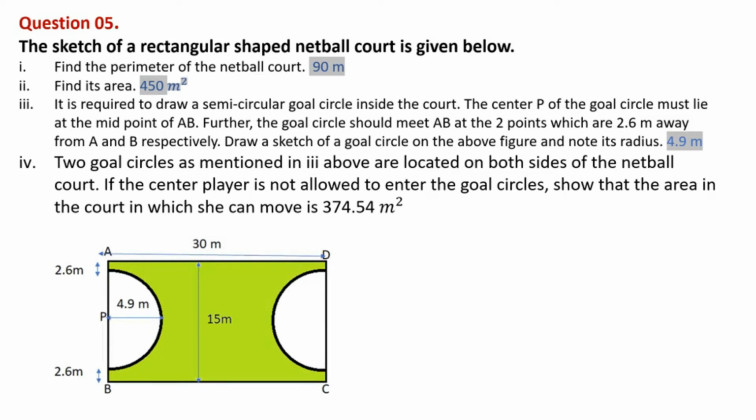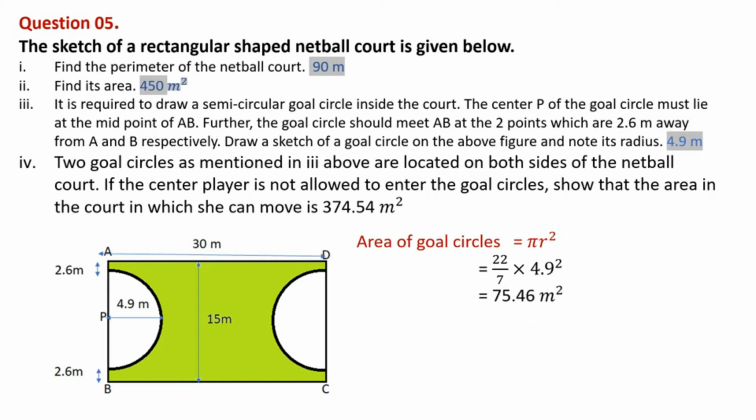First of all, let us find out the area of the 2 goal circles. Since both are semicircles, together if you take, it will be a circle. So let's find the area of the circle with radius 4.9 meters. Once substituted to the equation, you get the answer as 75.46 meters squared.